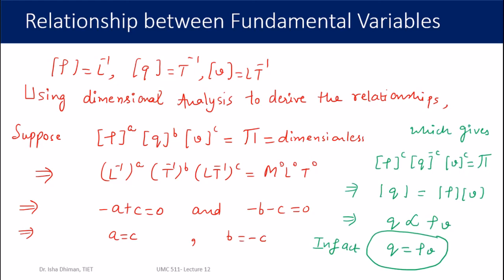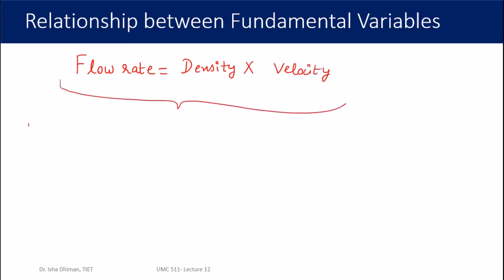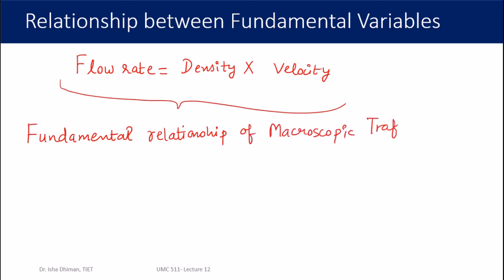So here we have derived the relationship between rho, Q and V, and we need to remember this for traffic flow. So flow rate is density into speed or velocity, you can say. So this is a fundamental relationship between the three variables of the macroscopic traffic flow model.